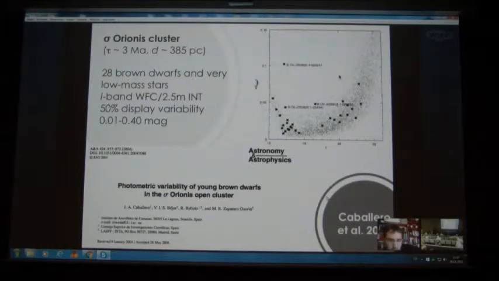That's what we did in 2004 with the 2.5 meter Isaac Newton Telescope of the Canary Islands and the Wide Field Camera, the instrument. Half of the brown dwarfs and very low mass stars that we investigated showed some kind of variability, and the amplitude of variability ranged between 0.01 and 0.4 magnitudes.